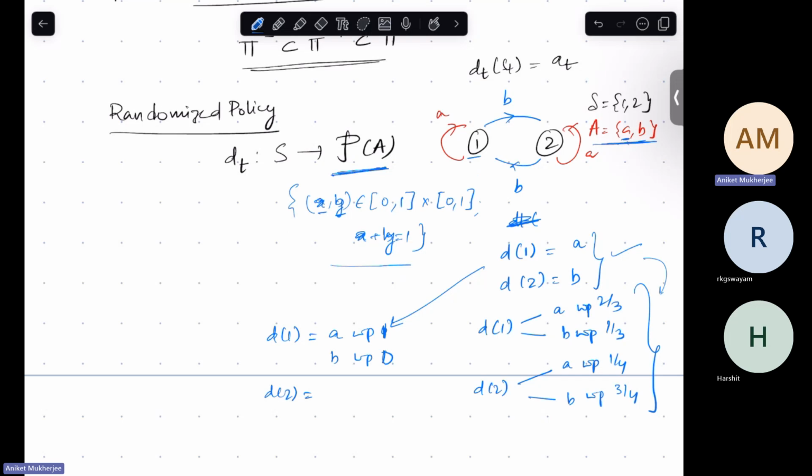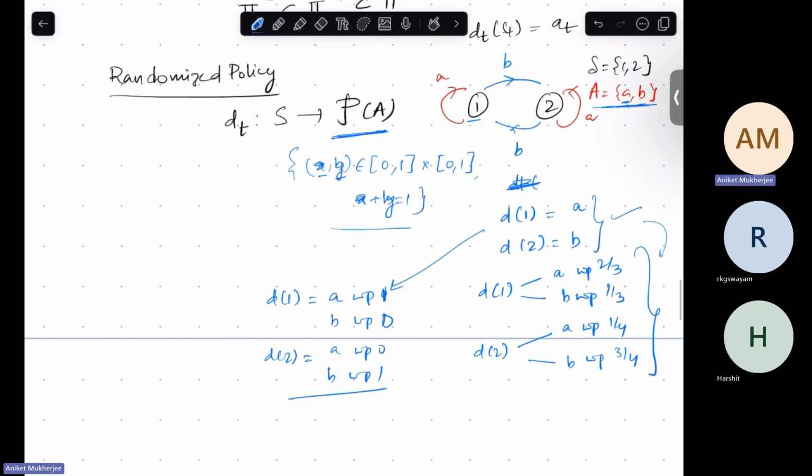D2 is A with probability 0 and B with probability 1. So all your deterministic policies are also part of your randomized policies. The set of deterministic policies is a subset of the set of randomized policies.